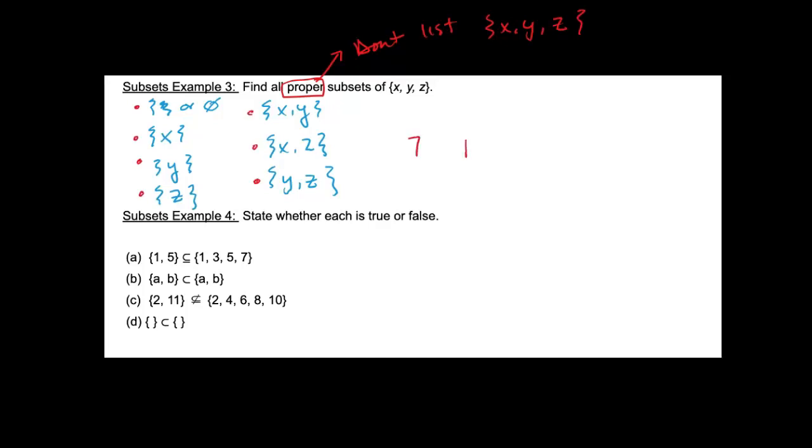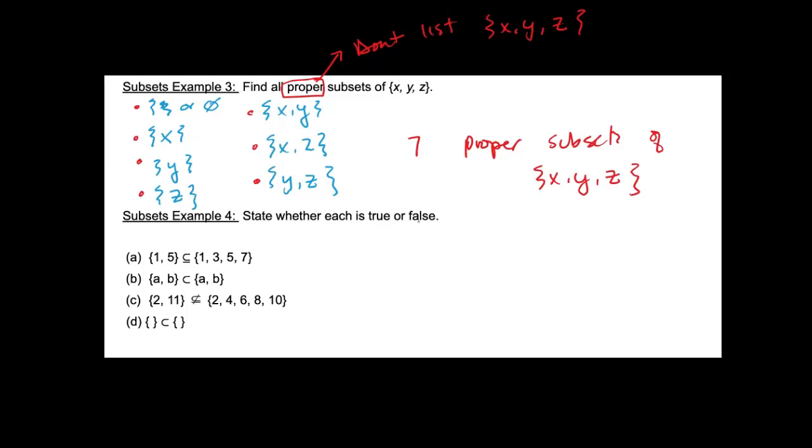So there are 7 proper subsets of X, Y, and Z. And if the problem asked for just subsets, then I would list out the set itself and I would say that there were 8. So when it asks for proper, notice you'll always get one less since you're just not including the set itself.